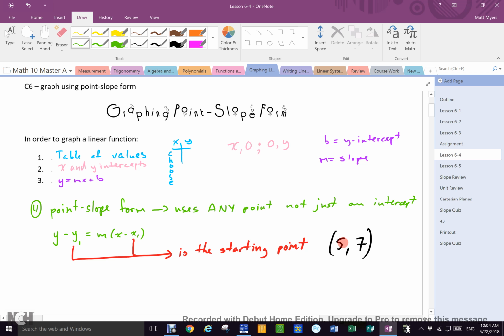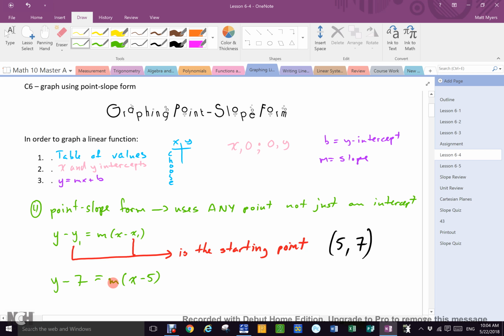We know that point's on the graph. So does it go in for y or y1? y1, because we know that's where we're starting. So it would be y minus what? 7, because y's are the second one, right? Equals m x what? Minus 5.